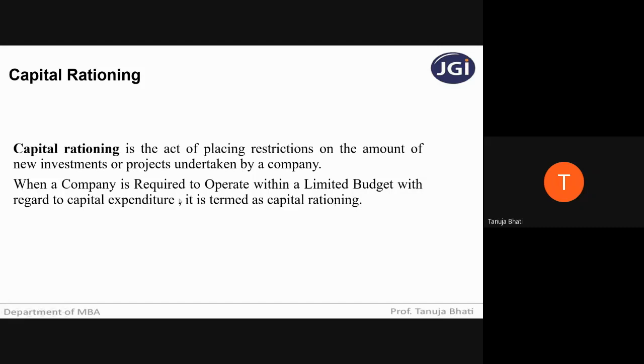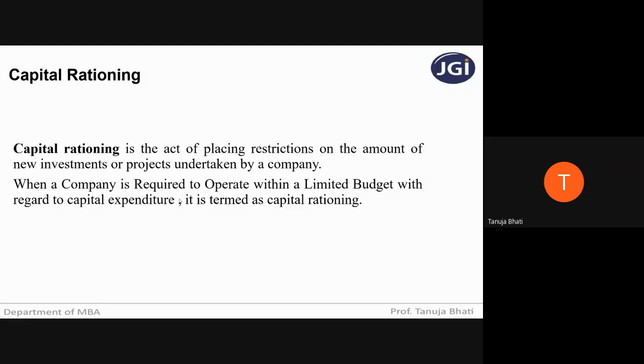Suppose the company has 10 crore rupees for which capital expenditure is to be done. There are different proposals or new investments available, but since the budget is only 10 crores, the company has to undertake the investments in such a way that it operates within the limited budget of 10 crores only.